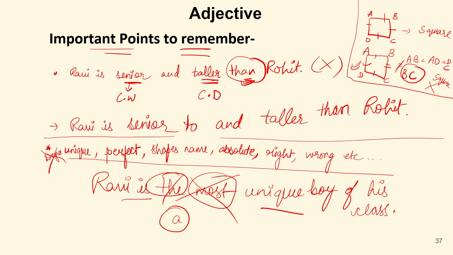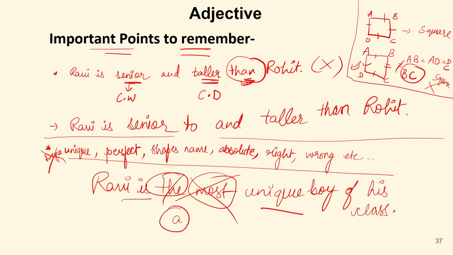Instead of the most, write A. Replace the most with A. It means Ravi is a unique boy of his class. Her answer is correct. Her answer is right. Her answer is wrong. It's not like more wrong or less wrong. So, these are some rules on how to use comparative, superlative and positive degrees of adjectives.